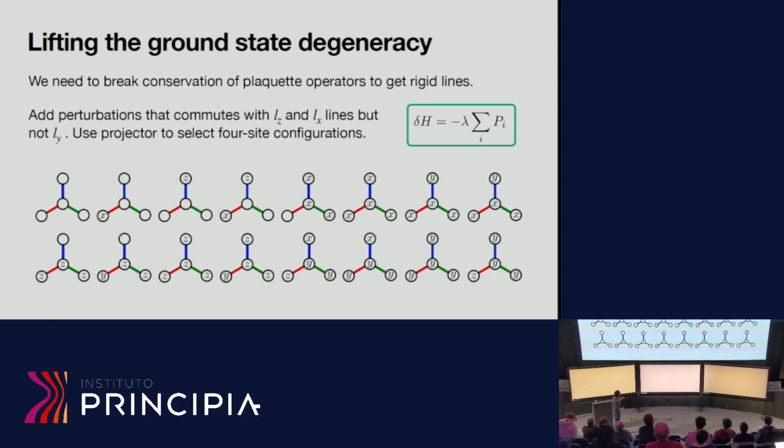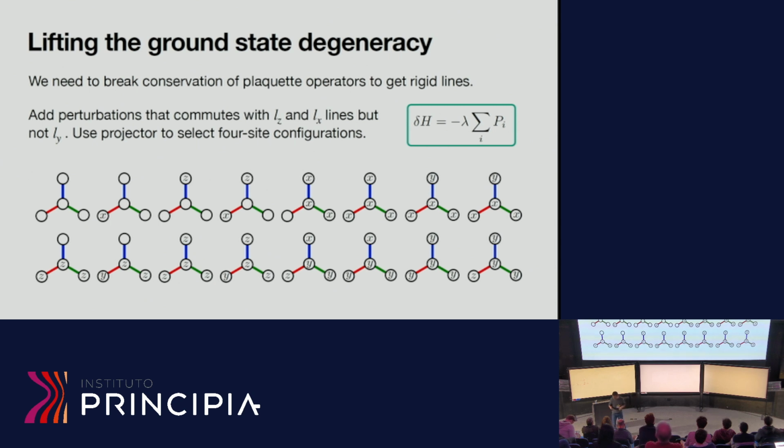The ones in the bottom row are the ones you obtain from the top row by applying Z's along this direction, and there are some relations for applying line operators along the X direction as well. So you write down a projector that will select these configurations that I like. This is the perturbation, essentially.